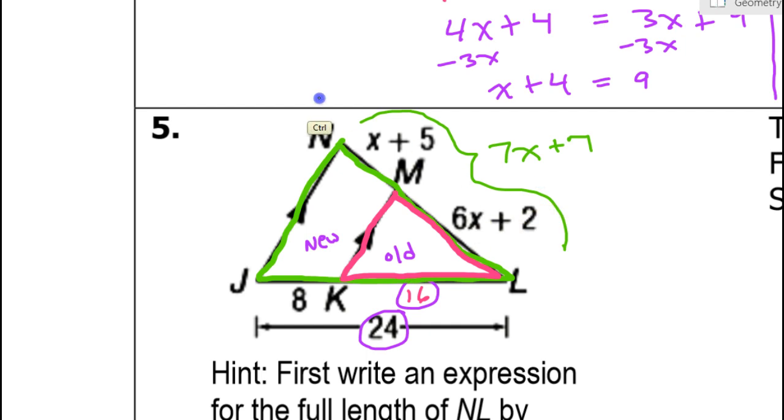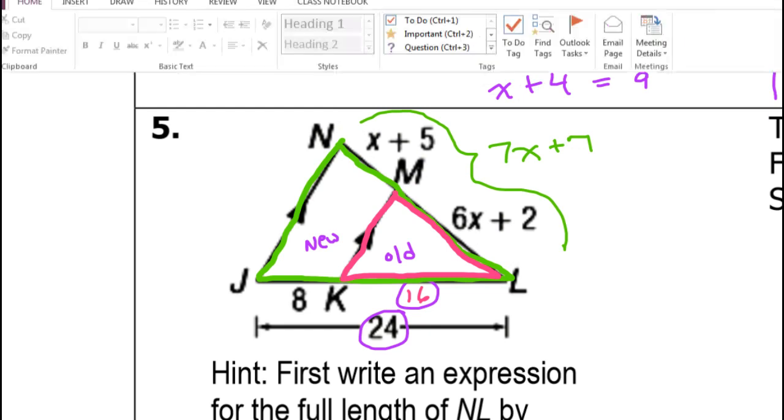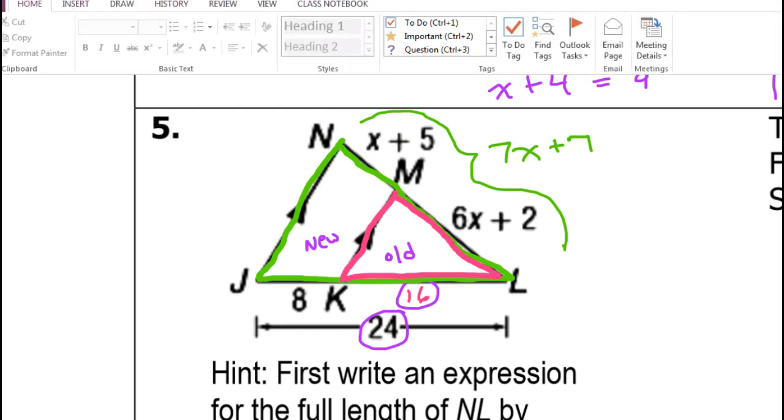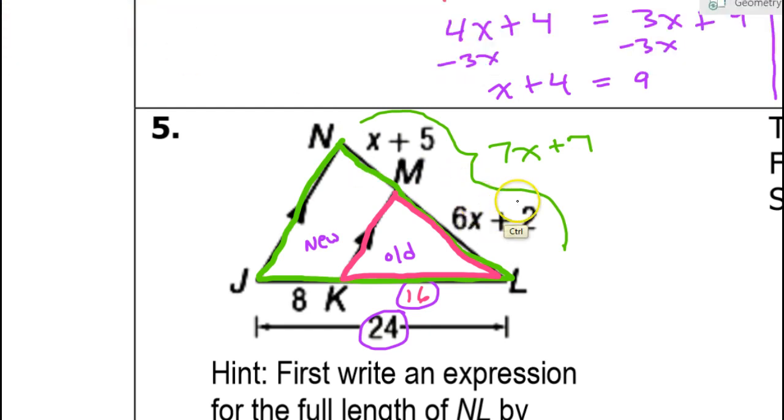So the large side of the triangle is 7x plus 7. That was crucial. So, corresponding sides: for the small triangle, I've got 6x plus 2, and for the large triangle, I've got 7x plus 7.